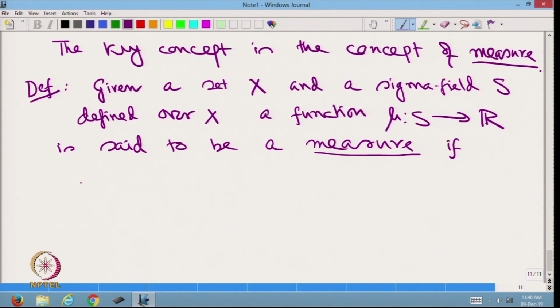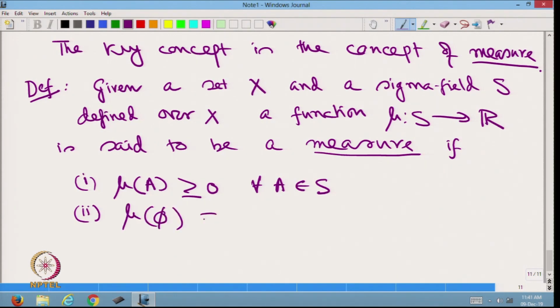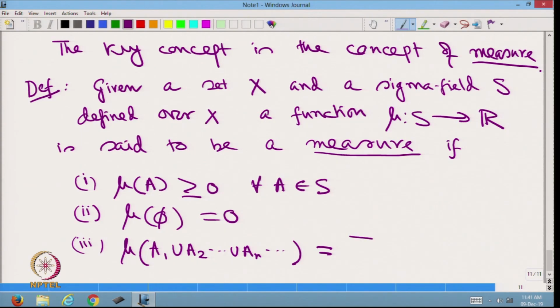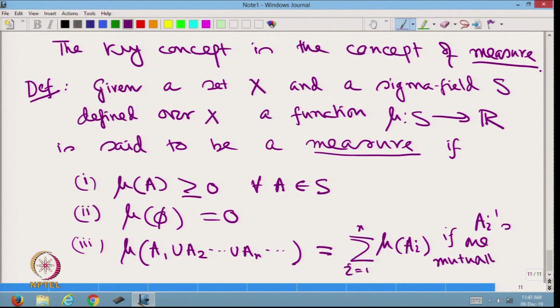if: 1, mu of A is greater than or equal to 0 for all A belonging to S; 2, mu of phi is equal to 0, and we know that phi is a member of S; and 3, mu of A1 union A2 union up to An is equal to the sum of mu of Ai, i equal to 1 to n, if the Ai are mutually disjoint.